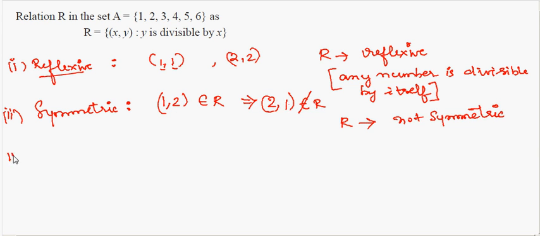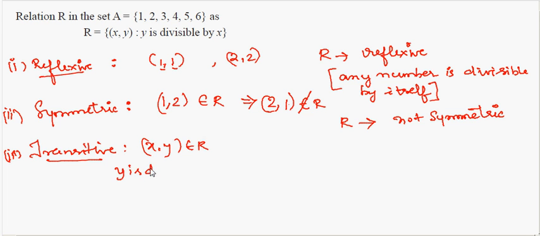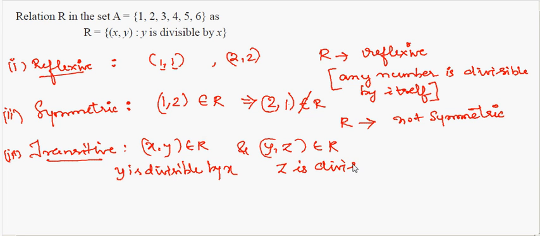If I take the third one, that is transitive. If I take any example, say (x, y) which belongs to R, that means y is divisible by x, and (y, z) belongs to R, that means z is divisible by y.